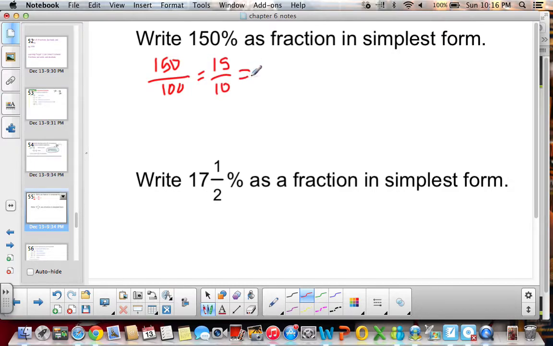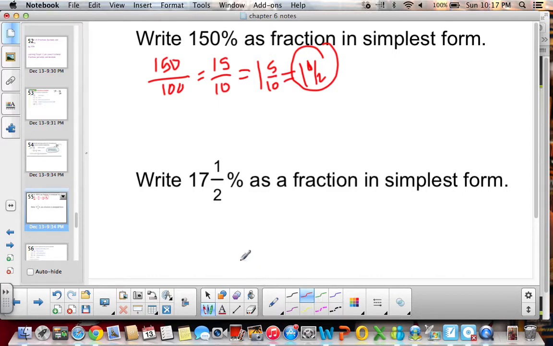And now I'm going to rewrite that as a mixed number. So 10 goes into 15 one time. And then I have 5 left over. So 1 and 5 tenths, which equals 1 and 1/2. Which makes sense because 150% is greater than 100, which means that it's going to be greater than 1. So it equals 1 and 1/2.